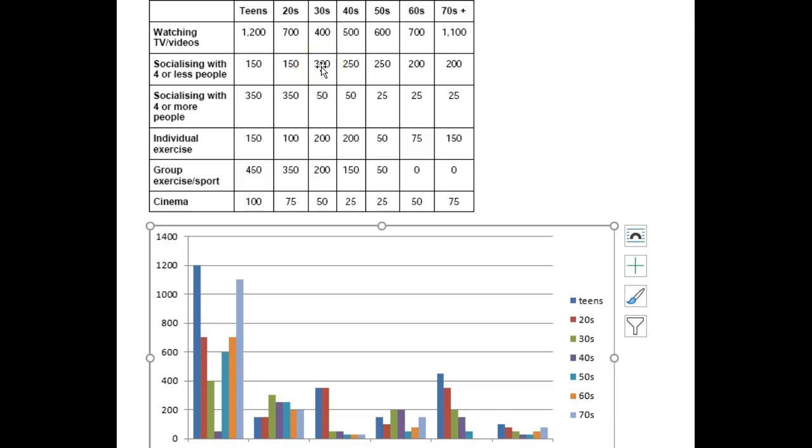The lowest figures were found for people in their teens and 20s at 150, and the remaining groups were between these 2 figures. Okay, so you're not burdening your answer with too many pieces of data, yet at the same time you are giving all the important features that you need to talk about. Okay, so that's how I deal with really simple tables as well as really difficult tables.